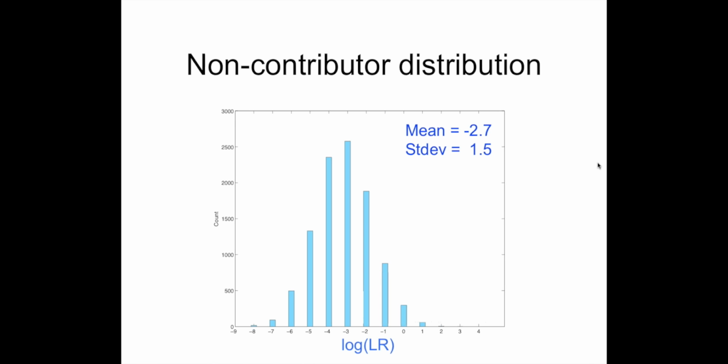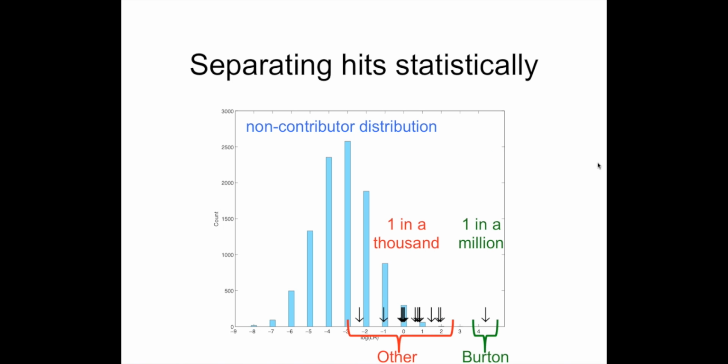And you can see that right tail moving up past 0 to 1 or 2. So it would not be unexpected to find individuals who produced a positive match statistic given the distribution of non-contributors. There may be people who did not contribute their DNA, and we see them in 12 of the database hits.